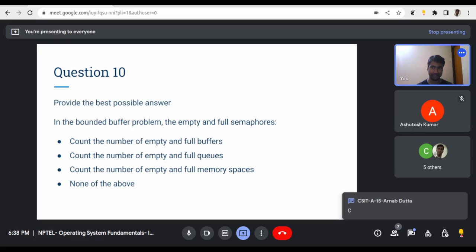So we are asking about the bounded buffer problem. Anyone would like to contribute?